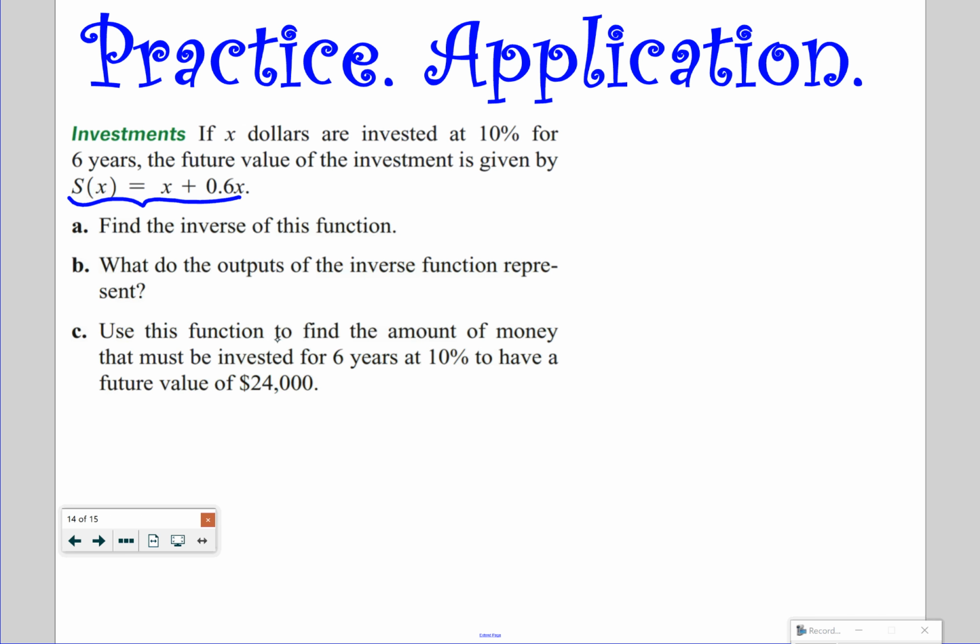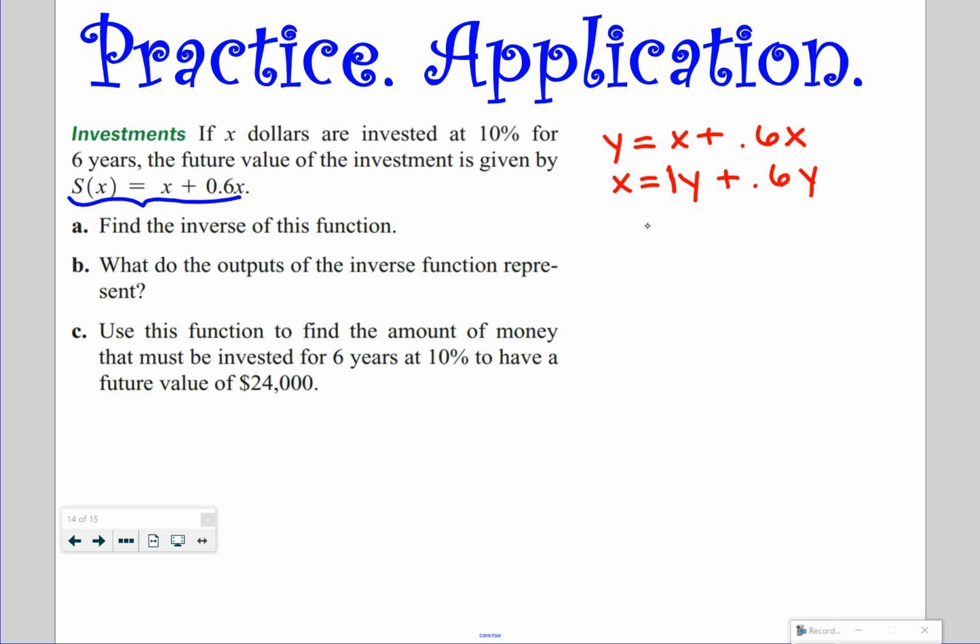Okay, so let's go ahead and find that inverse first. I'm going to replace s of x, my function notation, with a y. I'm going to switch my x's and y's. Okay, and now we are going to solve for y. In this problem, you've got 2 different y values, so there's 2 things you could do. This is a 1y and a 0.6y.